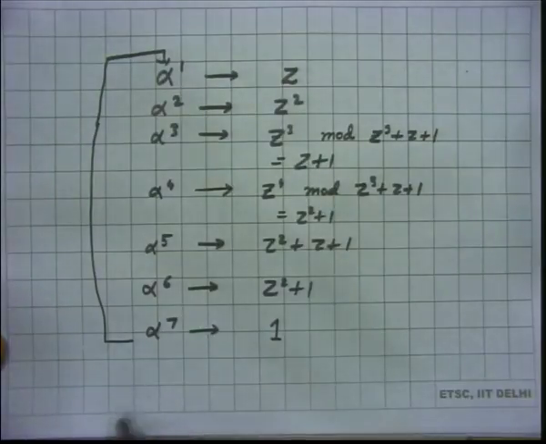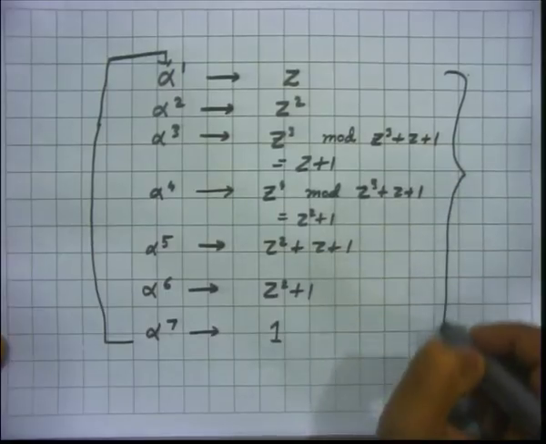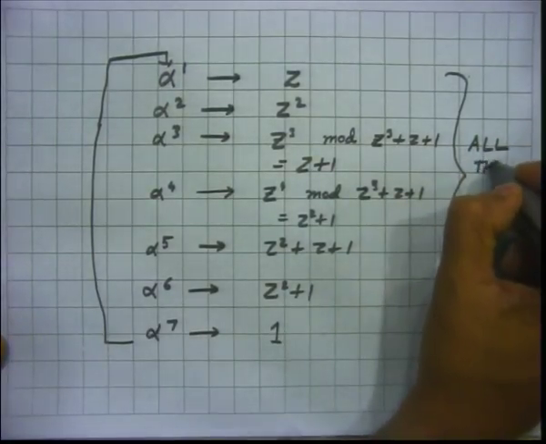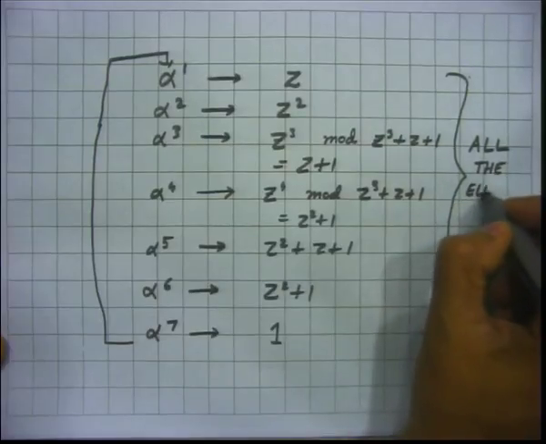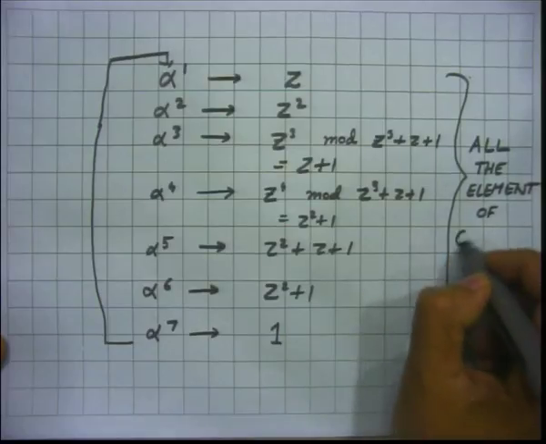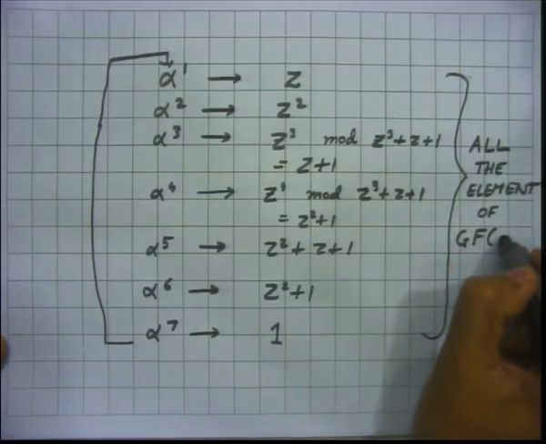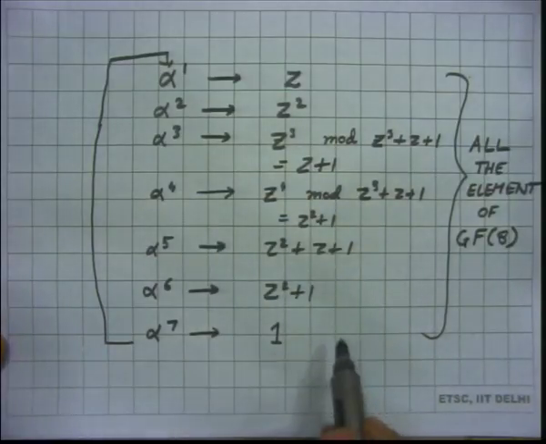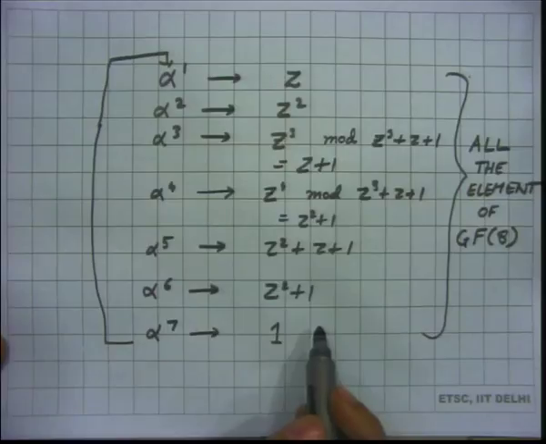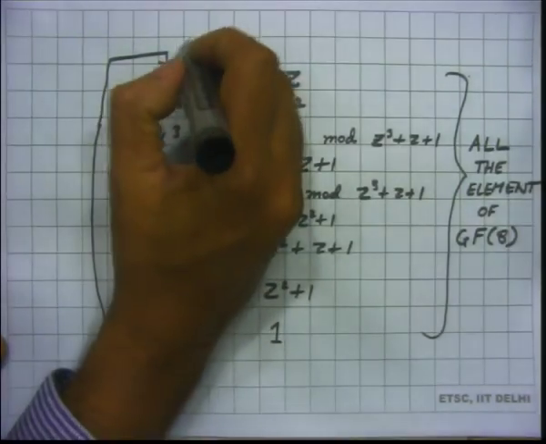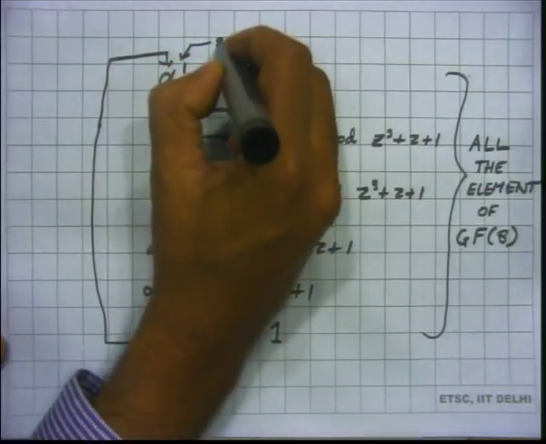So, other than 0, I have been able to generate all the elements. So, these are all the elements of GF8. Not only are the elements available to us, we in the process have also constructed the addition and multiplication table, and alpha is my primitive element.